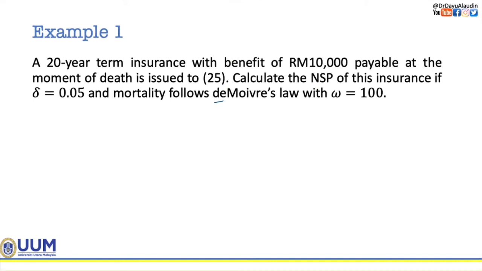Let's look at example 1. A 20-year term insurance with benefit of 10,000 payable at the moment of death. Calculate the NSP of this insurance if delta is 0.05 and mortality follows de Moivre's law with omega equal to 100. Let's extract the info first.